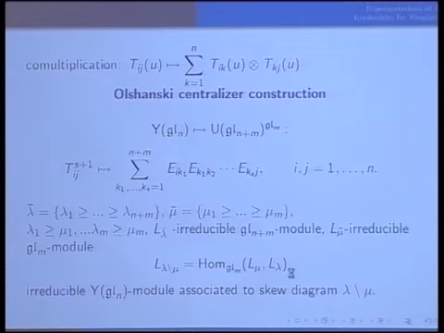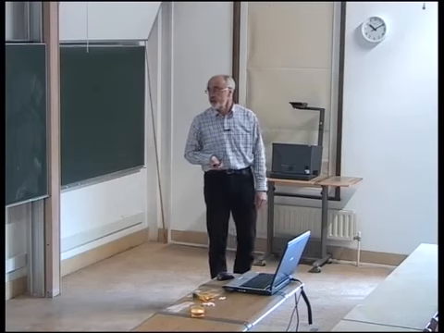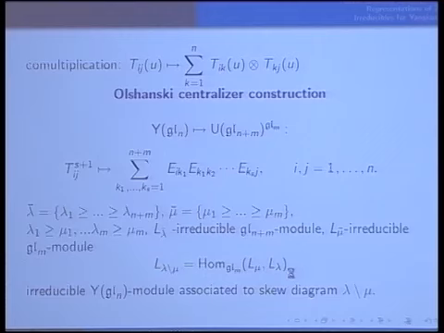But what I need, I will develop first the famous Olshanskii centralizer construction. This construction describes a map of the Yangian of gl_M to the centralizer of gl_M in the enveloping algebra of gl_{N+M}.